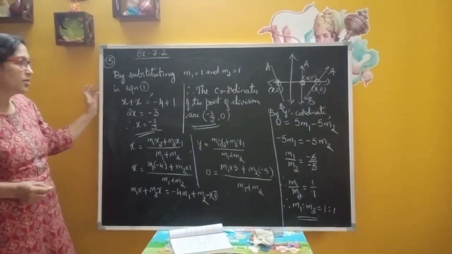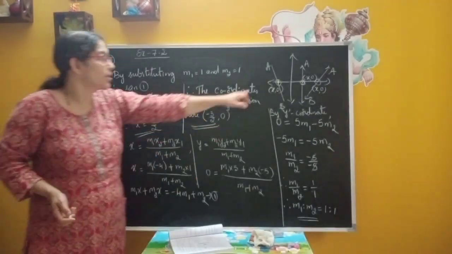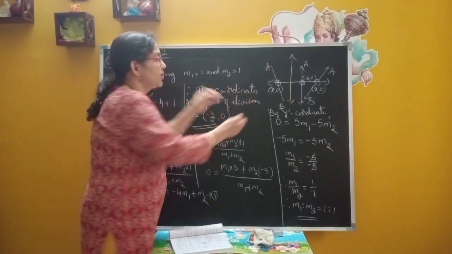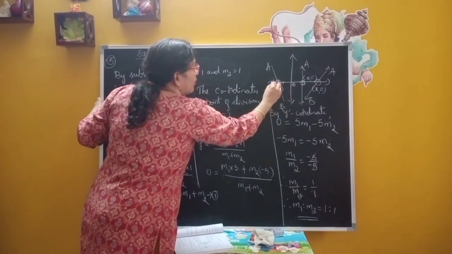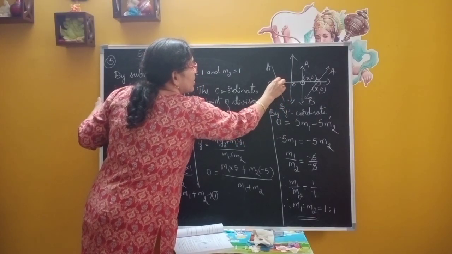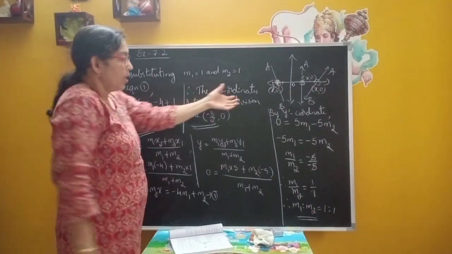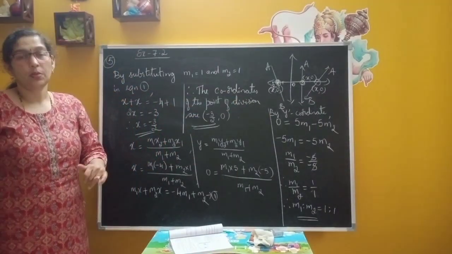Where do we get minus 3 by 2 on the axis? If this is 1, 0, then 2 comes somewhere here, and minus 3 by 2, 0 lies between. So this is the fifth problem, one of the important problems in this exercise.